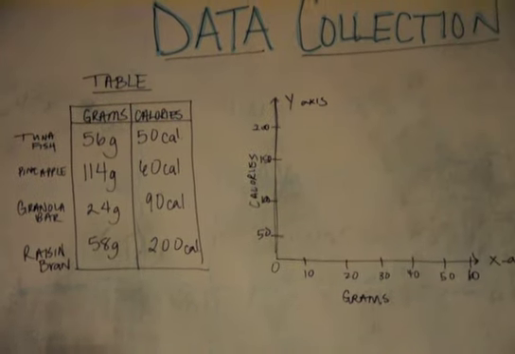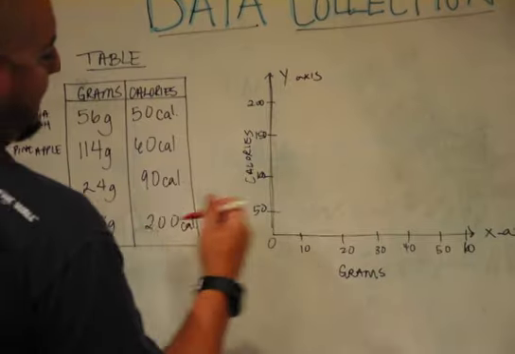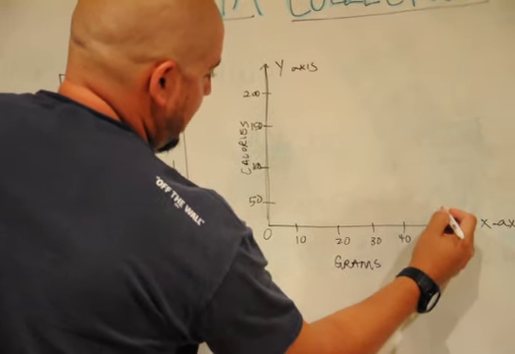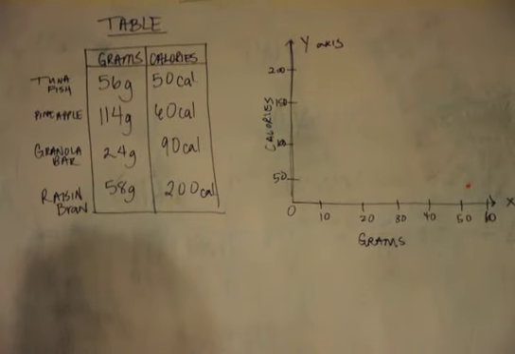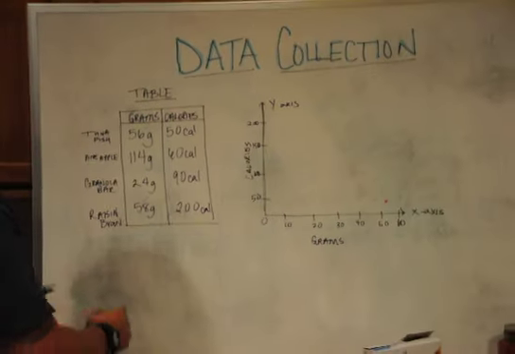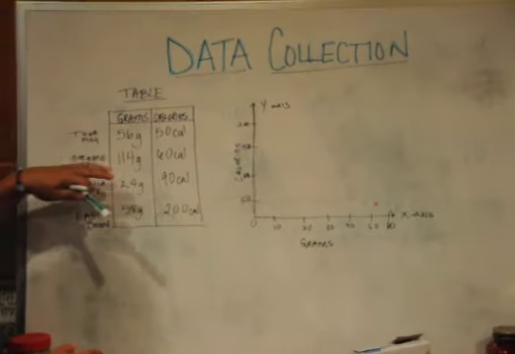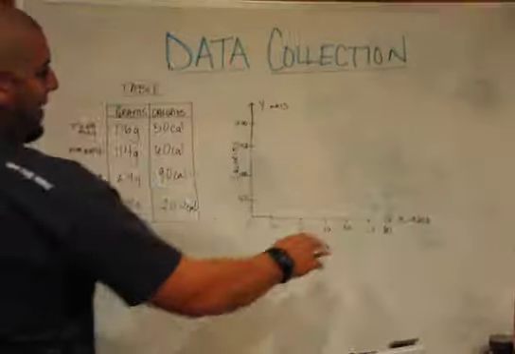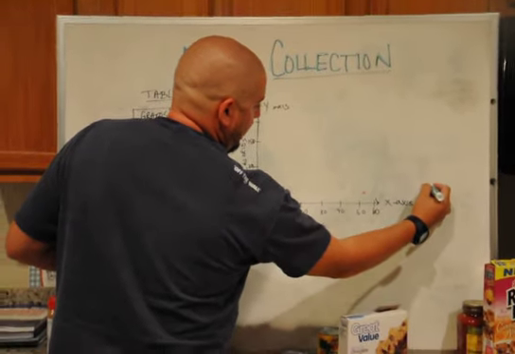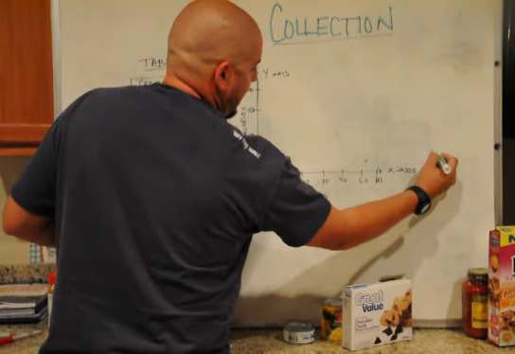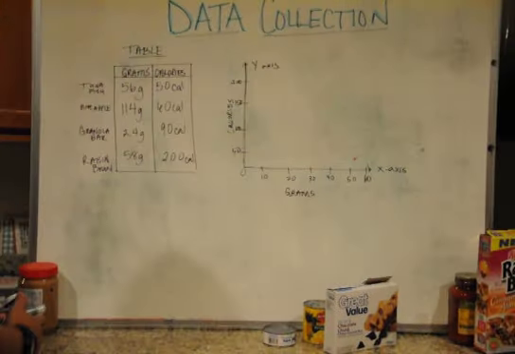So, for my tuna fish, I'm going to go over to 56, or roughly 56, and go up to 50 calories. So it's somewhere here. Okay? For my pineapple, I actually don't have enough room on my graph for the grams. I didn't make my graph proper, but it's about 114, so it's kind of way down here, and it's 60 calories. So I'm going to go over here and up here. Okay? That's kind of a guesstimation. I know that's not accurate, but just for this example, it's fine.